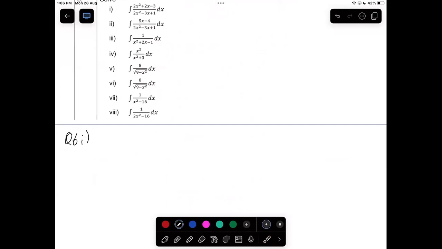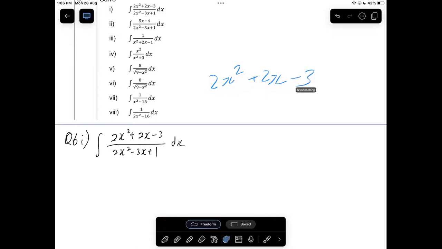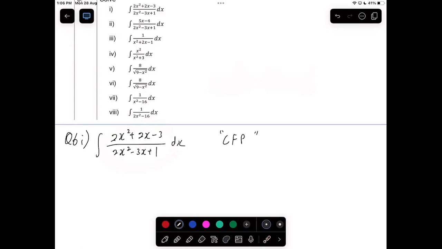Okay. We solve this. So 2x squared plus 2x minus 3, you divide by 2x squared minus 3x plus 1. When you see expressions of a fraction form, you're supposed to use what's called the LFP method. What is LFP? LFP method says you look at ln, fraction, partial fractions. For fractions, you have two formats.